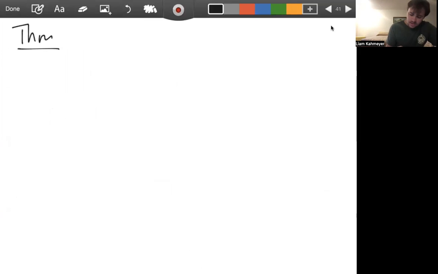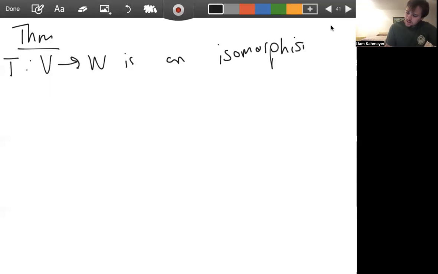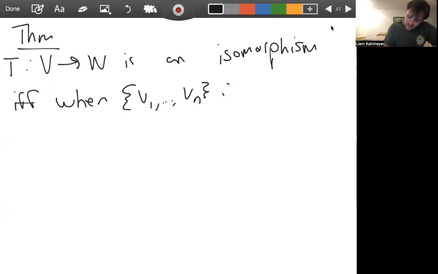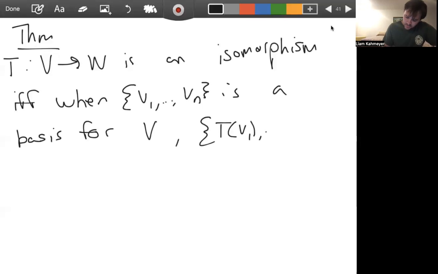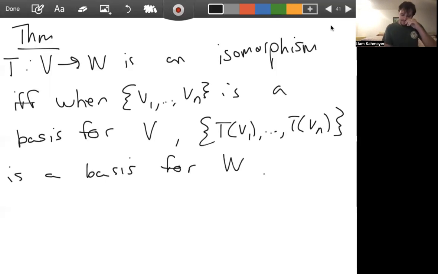So, theorem: T from V to W is an isomorphism if and only if, when the collection of vectors v1 through vn is a basis for V, the collection T of v1 through T of vn is a basis for W. I.e., what does this mean?